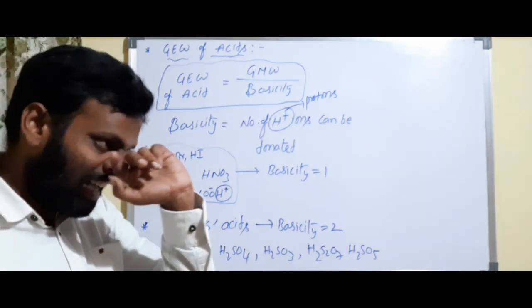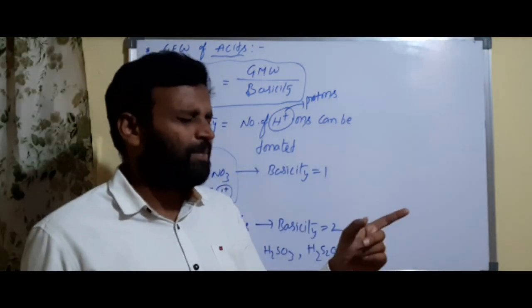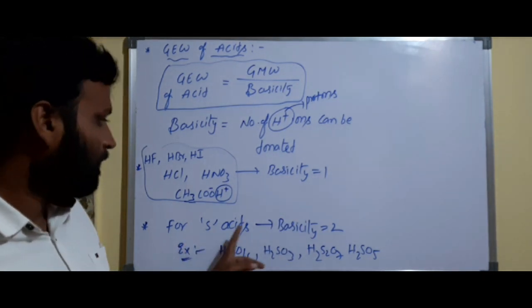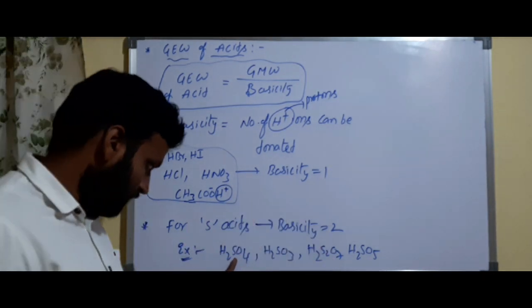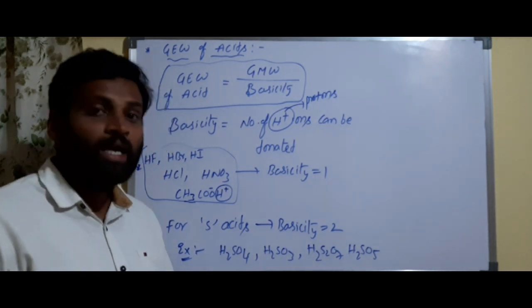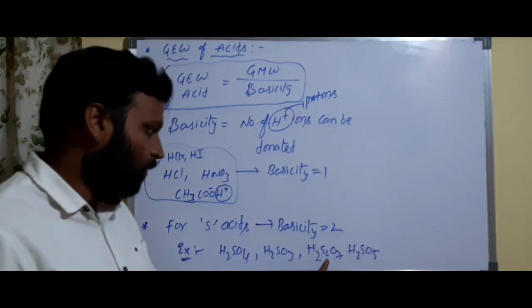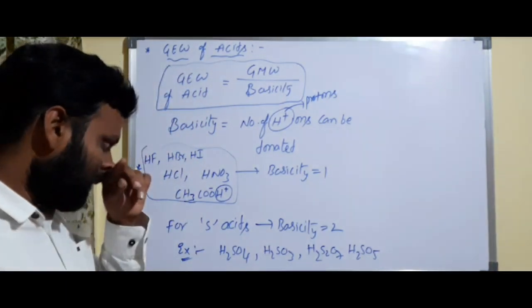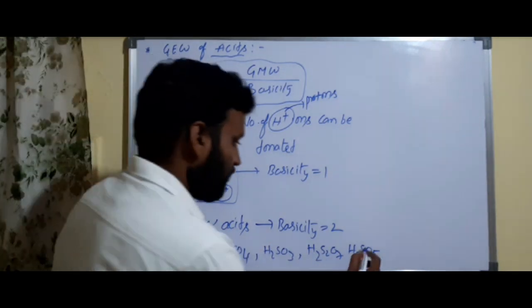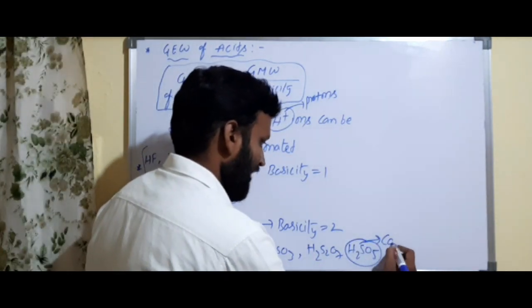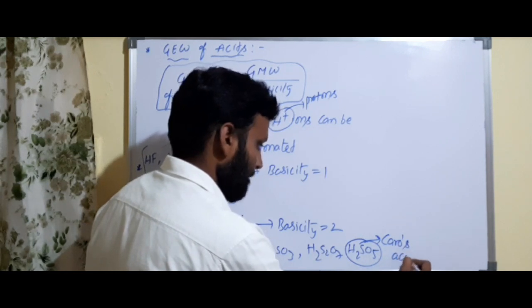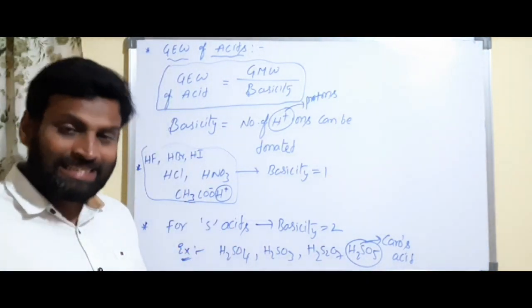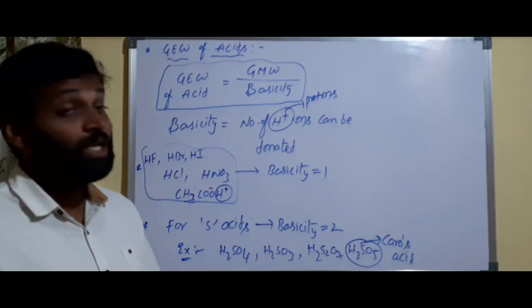If you have a sulfur acid, the gram equivalent weight is gram molecular weight by 2, because the basicity is 2. H2S2O7 is oleum, H2SO5 is Caro's acid. Any acids of sulfur have basicity 2.